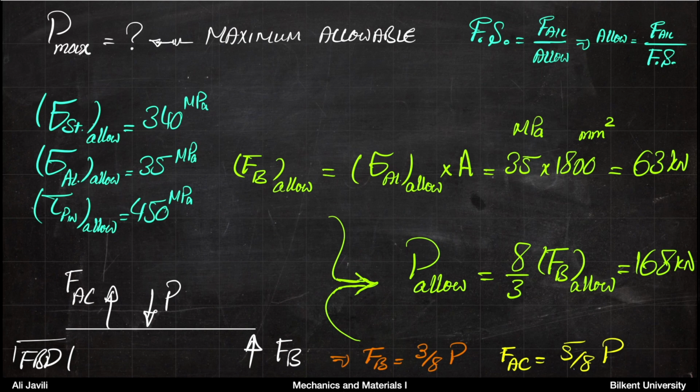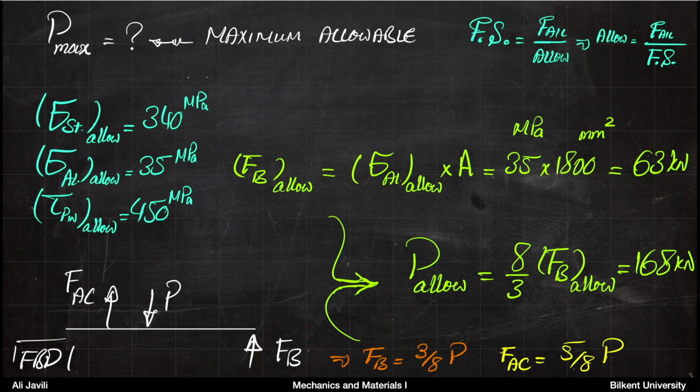So for instance, if you think about this one, for the aluminum block that we had, the allowable stress times area would be the allowable force. Now, you know what is the allowable stress, you know what is that area, so basically you know what would be the allowable force for that, and that would be your FB.